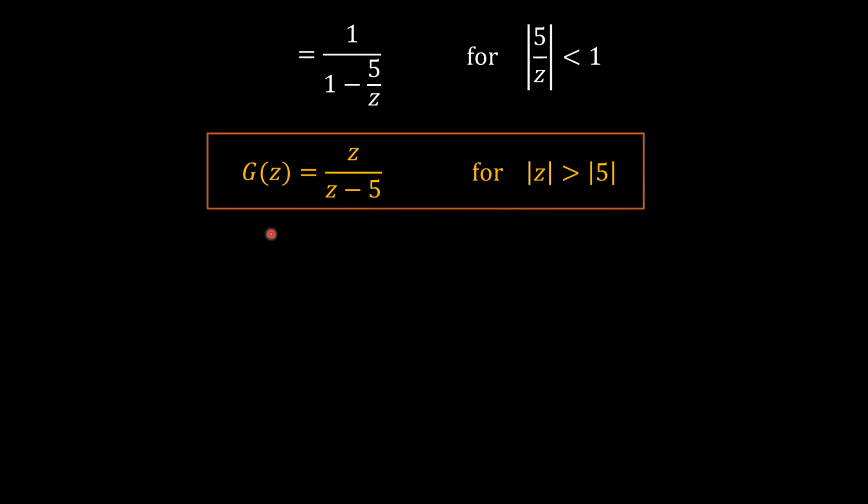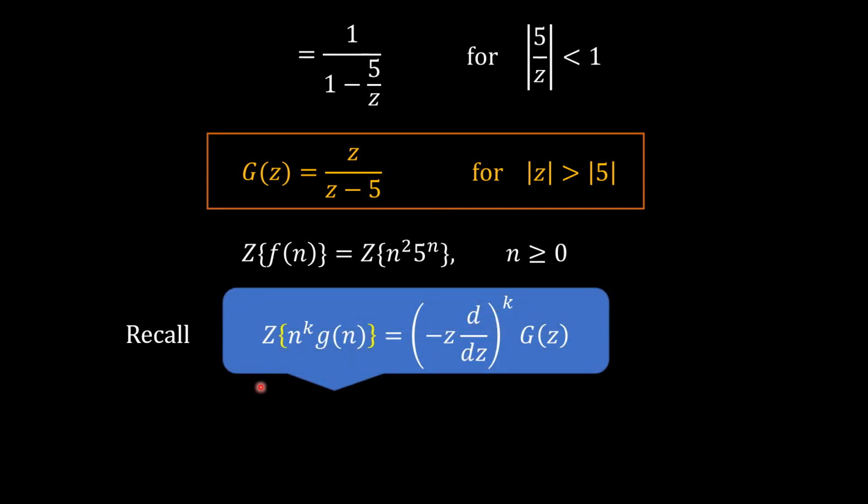Now, we want to obtain Z transform of the given sequence f of n, for which we are going to use multiplication by n property, which is given as Z transform of n raised to k g of n is equal to minus z into d by dz bracket raised to k of g of z.